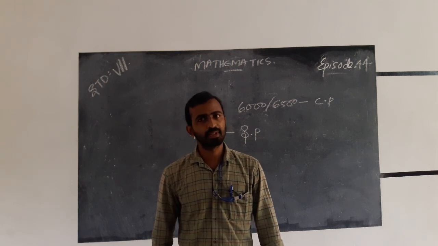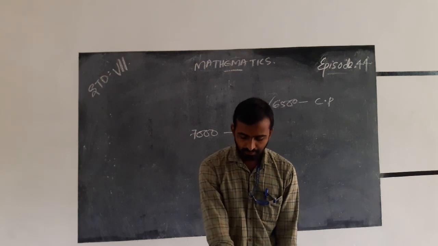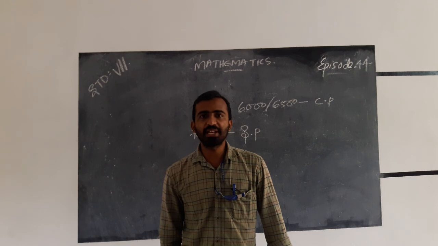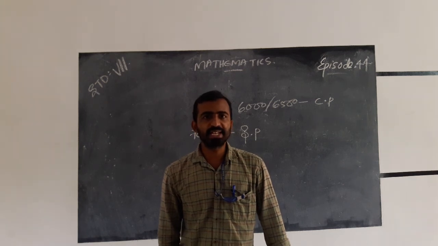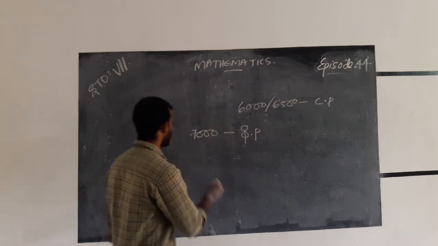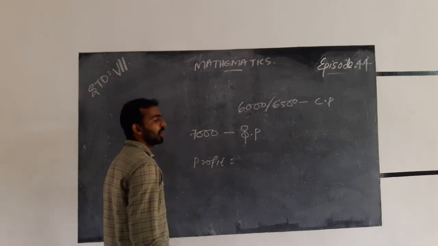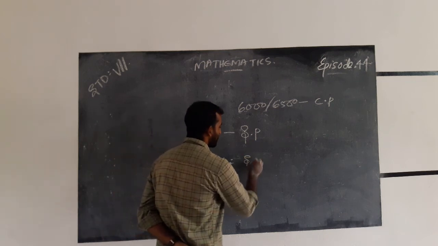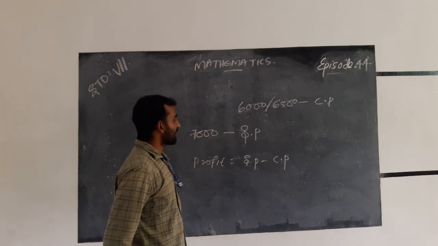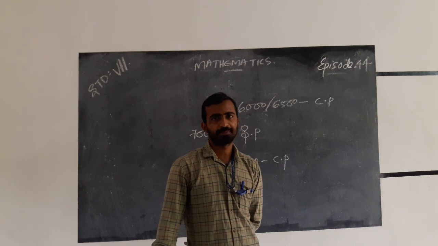How do we find the profit? Profit is equal to selling price SP minus cost price CP.